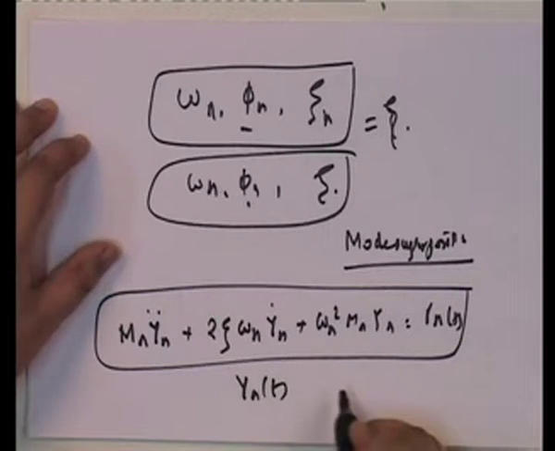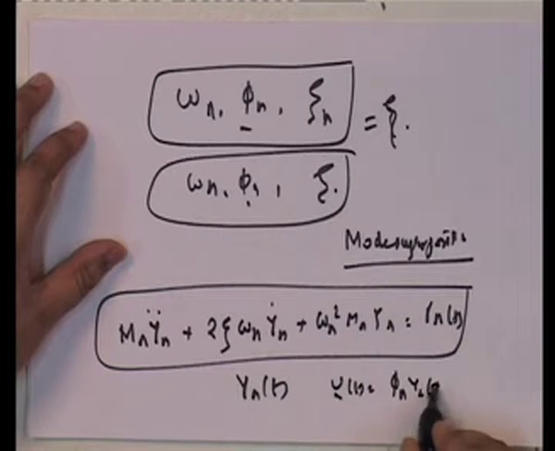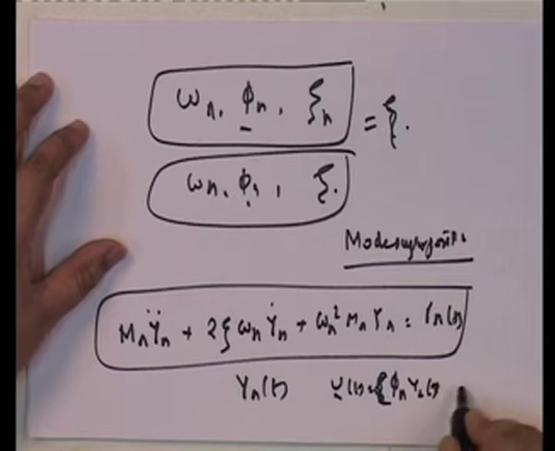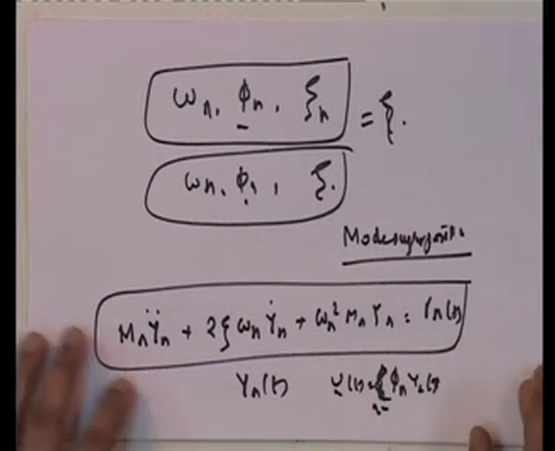And once you get y n of t, v of t is equal to the summation of phi n y n of t, or phi into y, with n going from 1 to n, and we've done it.